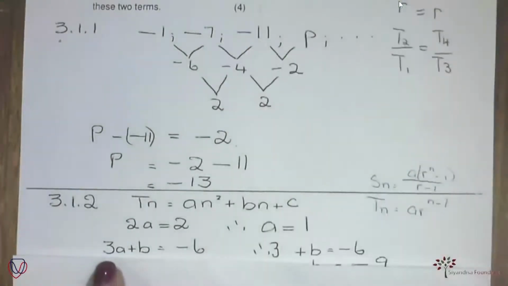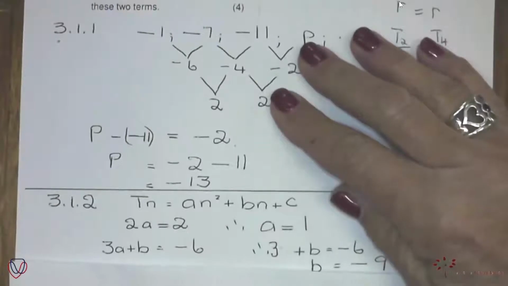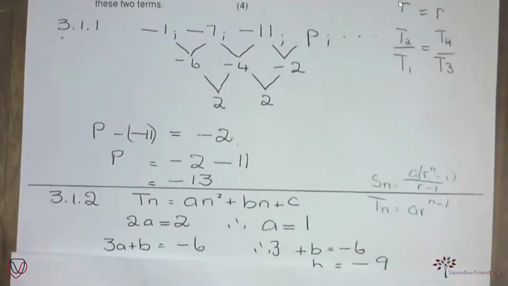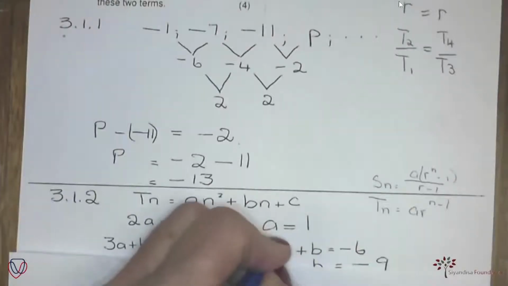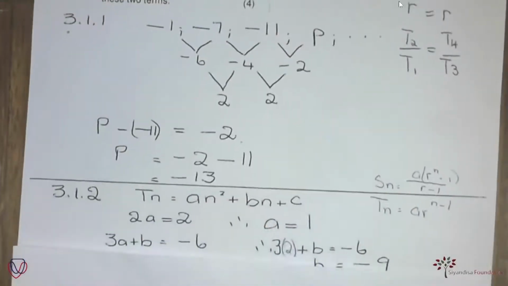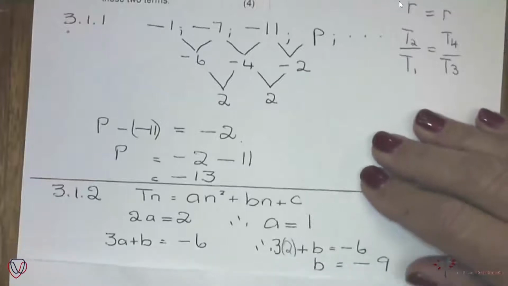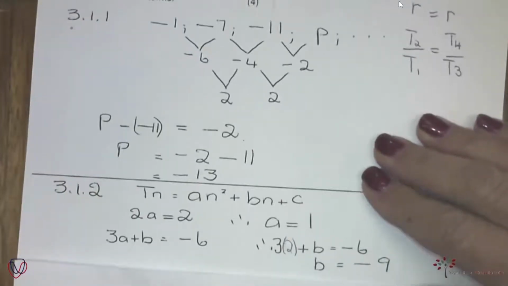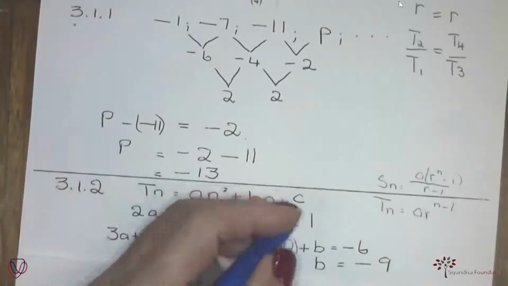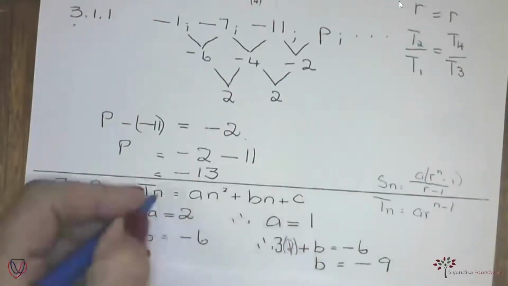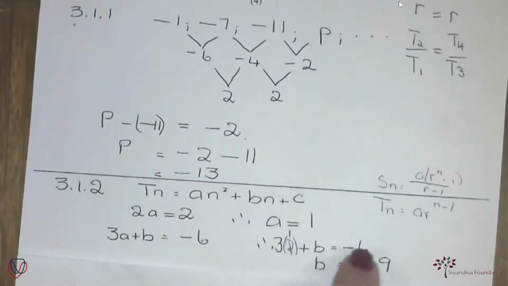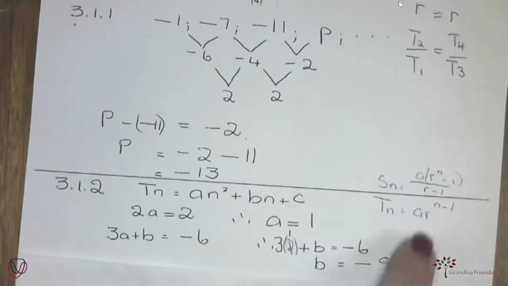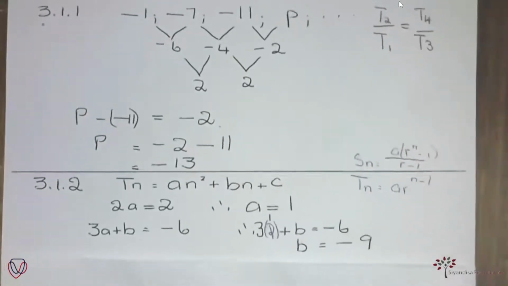So A is 1, so it's 3 plus B is negative 6. So B is going to be negative 6 minus 3, and it gives you negative 9.